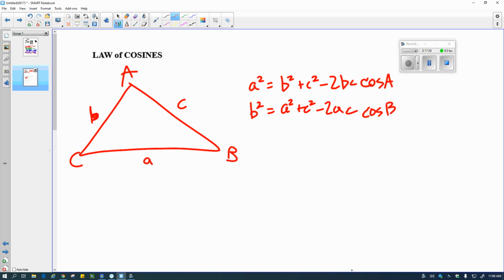That part doesn't make a difference. And so then the last variation of this would be C squared is A squared plus B squared minus 2AB cosine of C.